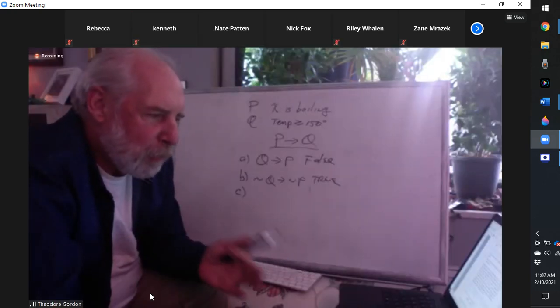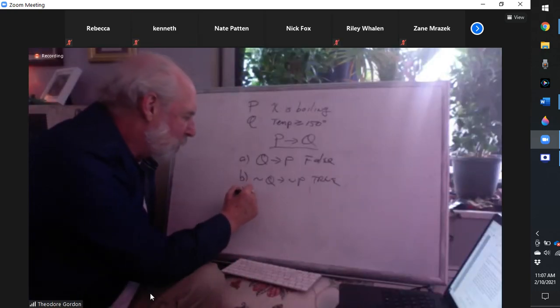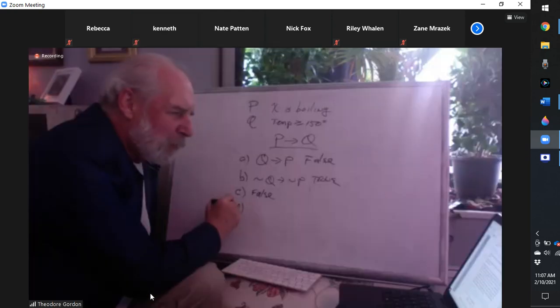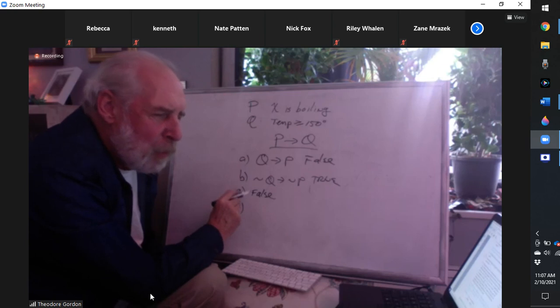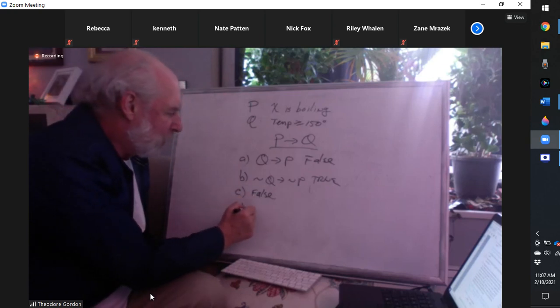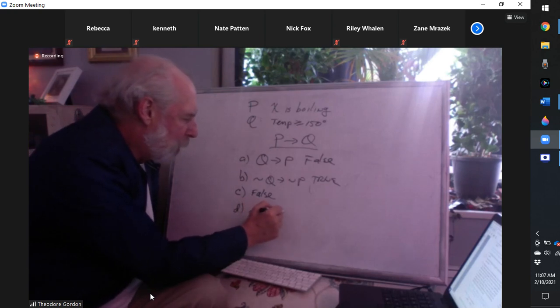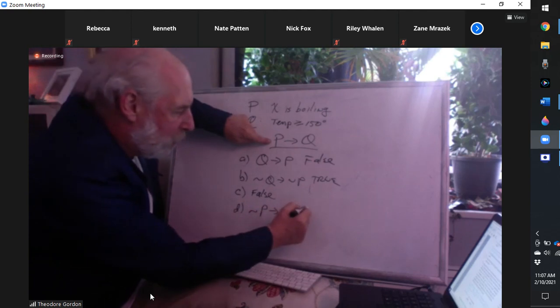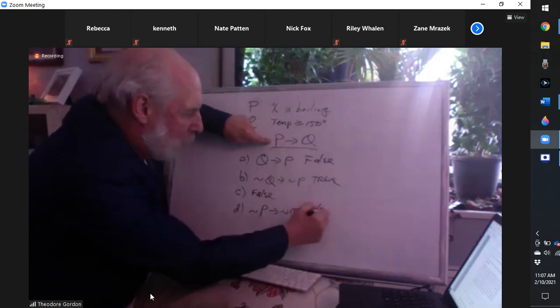So C is false. Right, which you kind of thought so. Statement D, if compound X is not boiling, then the temperature is less. So this would be not P, then not Q. And going from the original, this is the inverse, so this statement's false, right?